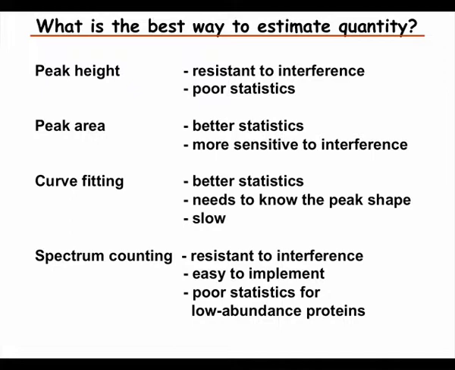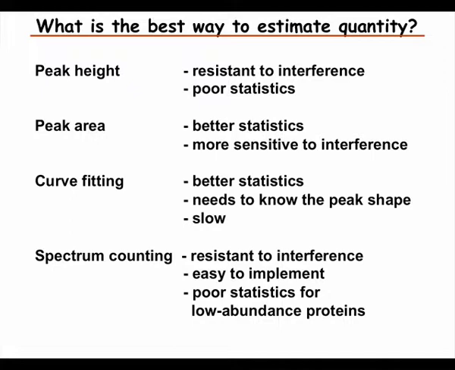it's quite slow. Now the spectral counting is very much resistant to interference because we now require that there is an MSMS spectrum that has enough fragments to allow us to confidently identify a peptide from that protein. And it's very easy to implement.